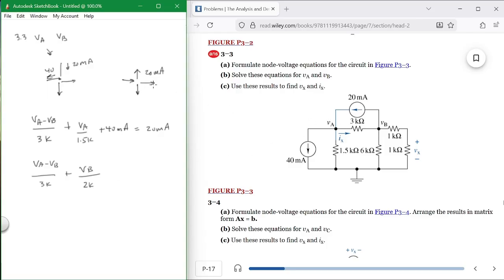That's the current going that way. Current going down this way is plus VB over 6K. And that is equal to the current going, oh, excuse me. Current going in, okay, I got it wrong. I'm going to do this again.